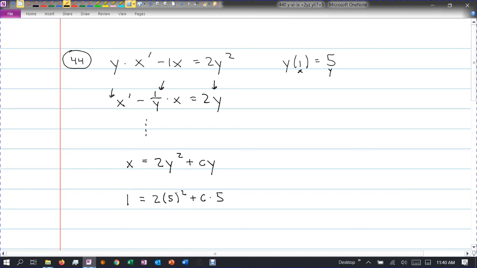So we've got 25, that's 50 here, subtract 50 on both sides, get negative 49 equals 5c. So that means that c is negative 49 over 5. So that's what we should get for that. And then we could, again, take it and plug it back in right here, and we'd have our solution.